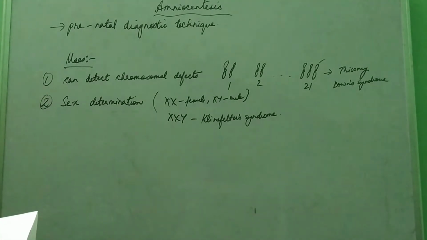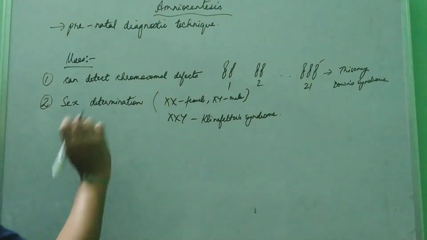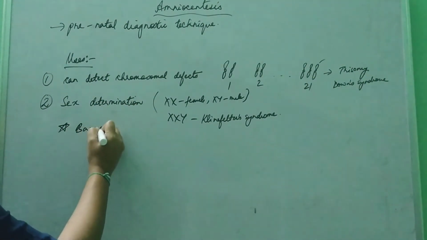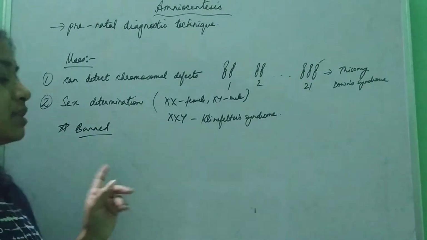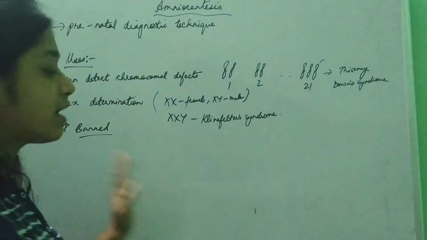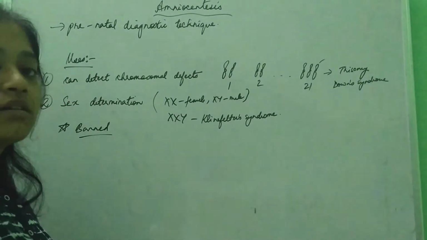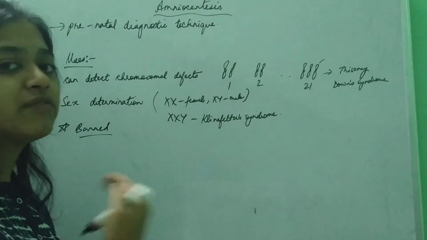I already told you, nowadays amniocentesis is banned because sex determination is done, and this is affecting the sex ratio. The male to female ratio is being affected because female feticide is increasing.